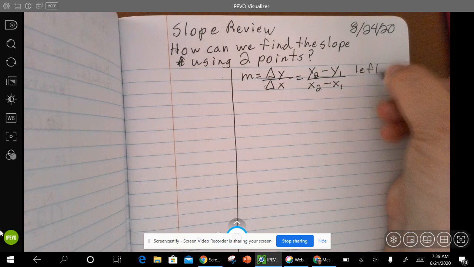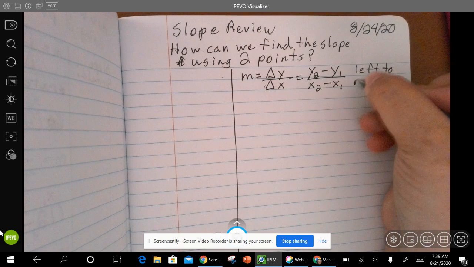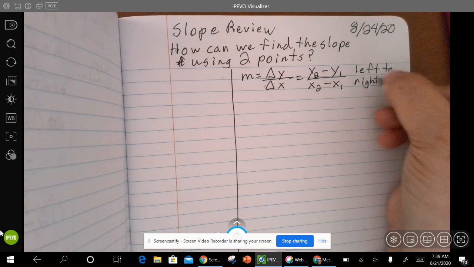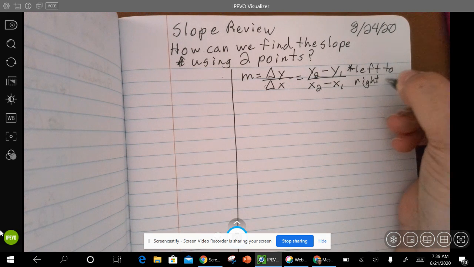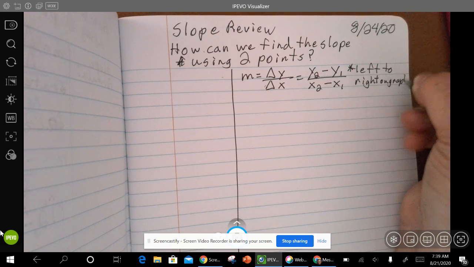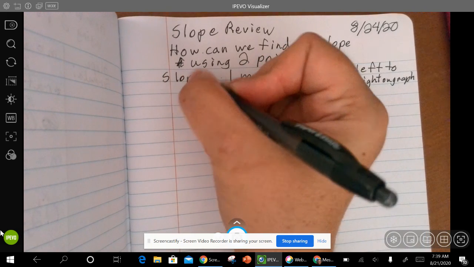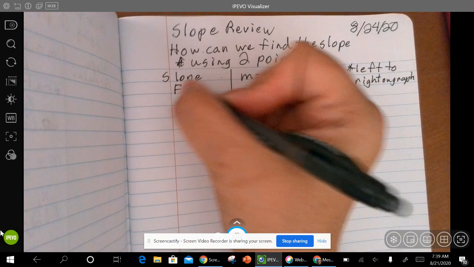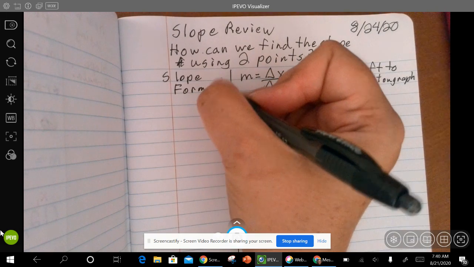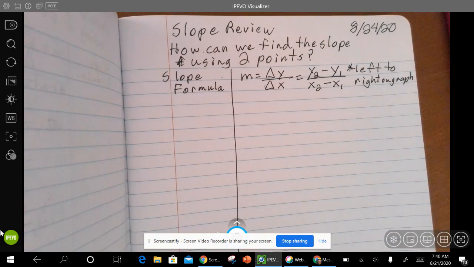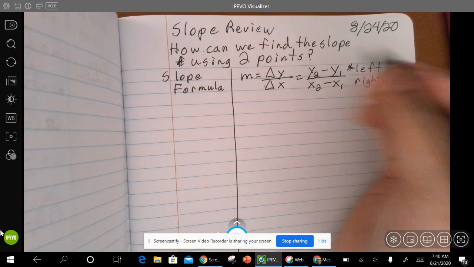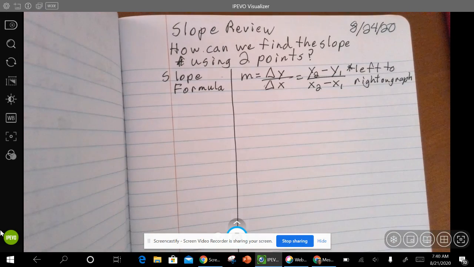We do want to make sure that we're going left to right on the graph as far as which one is going to be our first point or our second point. Okay, so this is our slope formula. Okay, so we're going to go ahead and get started on working on this.